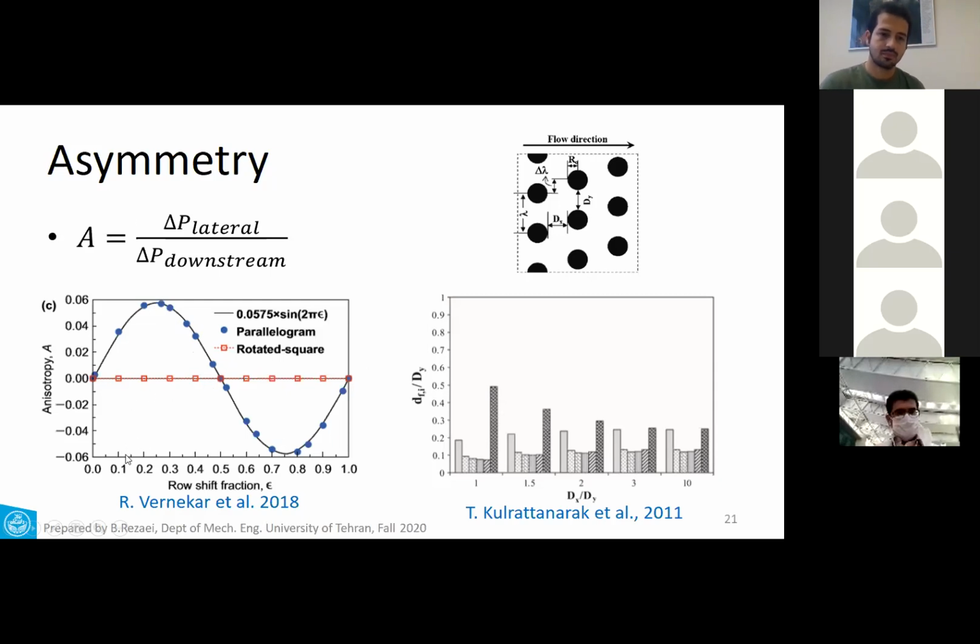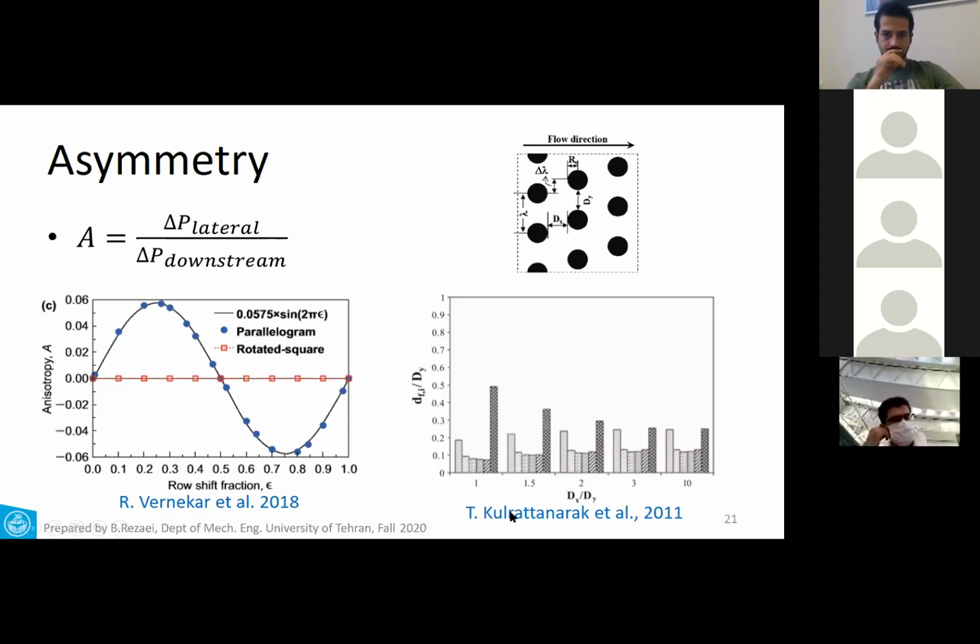You can see in the left image, the red squares, that there is no pressure difference for any epsilon value. But for the parallelogram design, which is more common, more usual, you see that changing the epsilon can cause some lateral pressure difference.